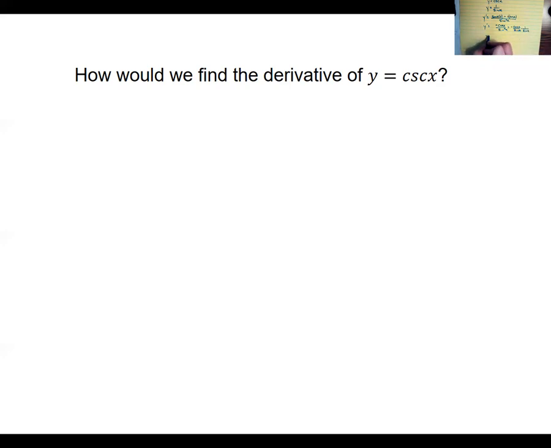Do we know what those are? What's 1 divided by sine? That's cosecant. What's cosine over sine? That's cotangent. And don't forget, there was a negative there. So therefore, the derivative of the cosecant function is negative cosecant x cotangent x.